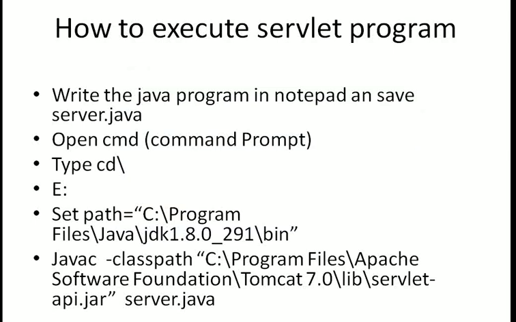After doing all these things, we know how to execute a servlet program. First write the Java program and save the file. The file name is server, so server.java. Then second, open the command prompt and type cd/, then the directory, that is e:, then you want to set the Java path. I have given it here, and you want to set the class path.